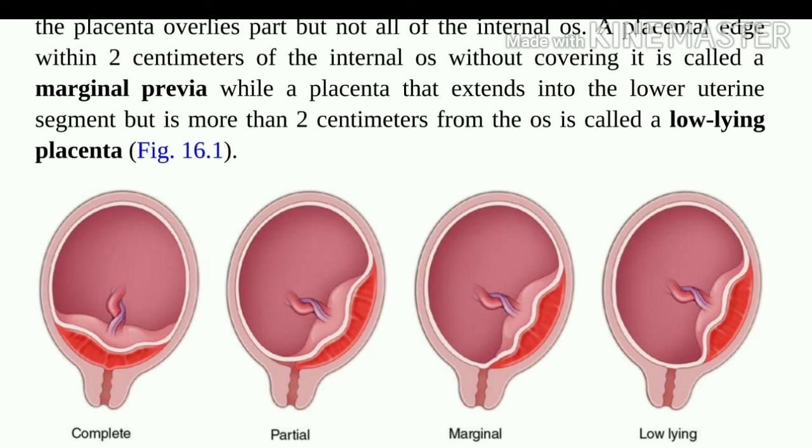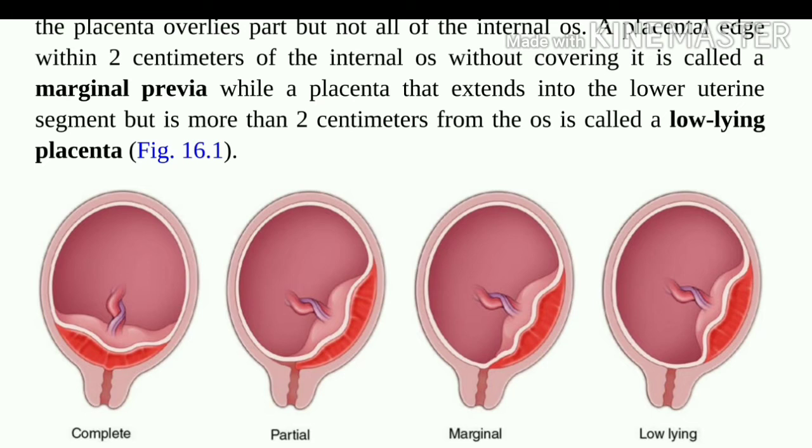It may also be due to abortion, uterine surgery, multiple pregnancies, smoking, and intrauterine fibroids. If the maternal age is more than 35, or the placenta is larger than the normal size, then the placenta starts to move down. Alcoholism and many other conditions can also cause placenta previa.